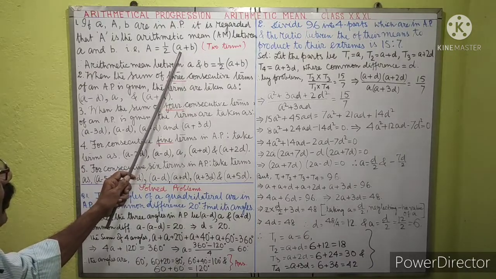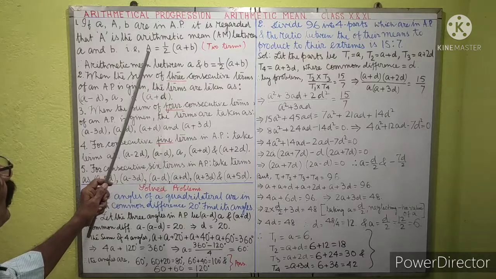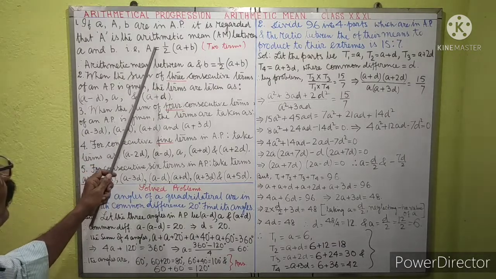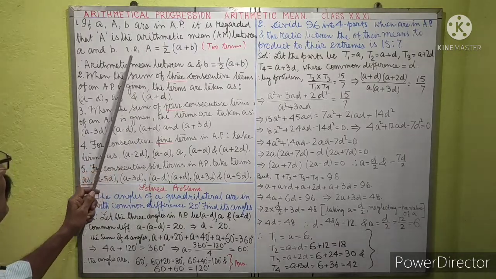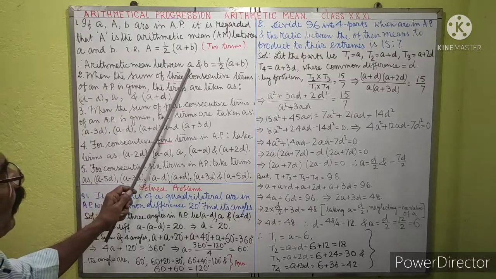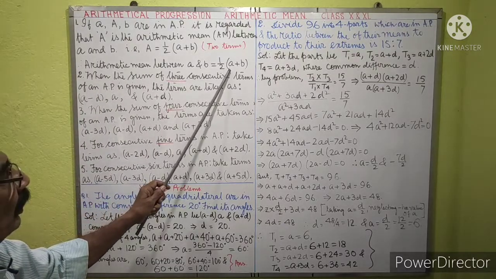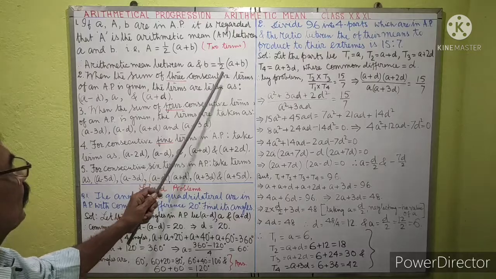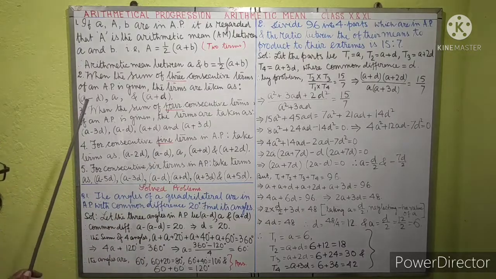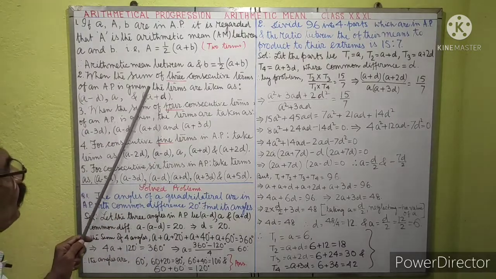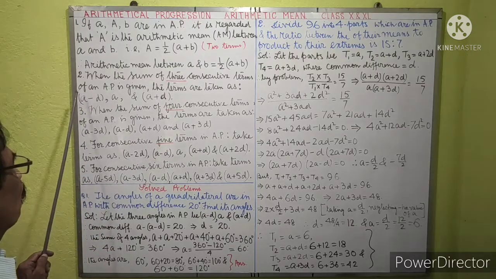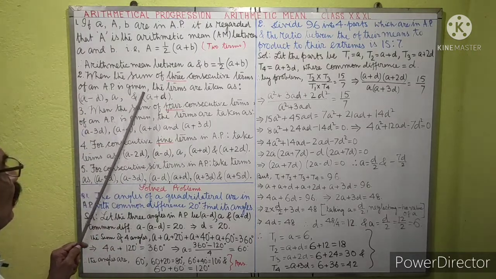When there are only two terms a and b, the arithmetic mean will be A. Arithmetic mean between a and b is half of (a plus b). Remember this.